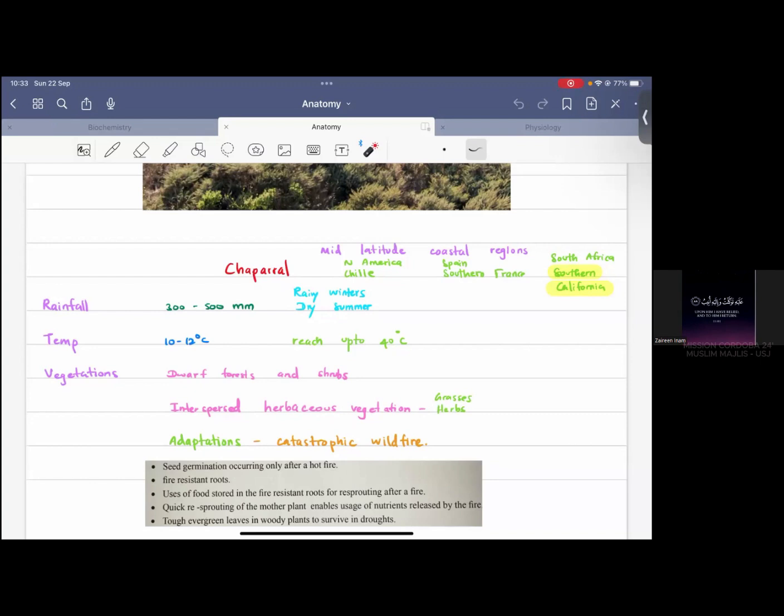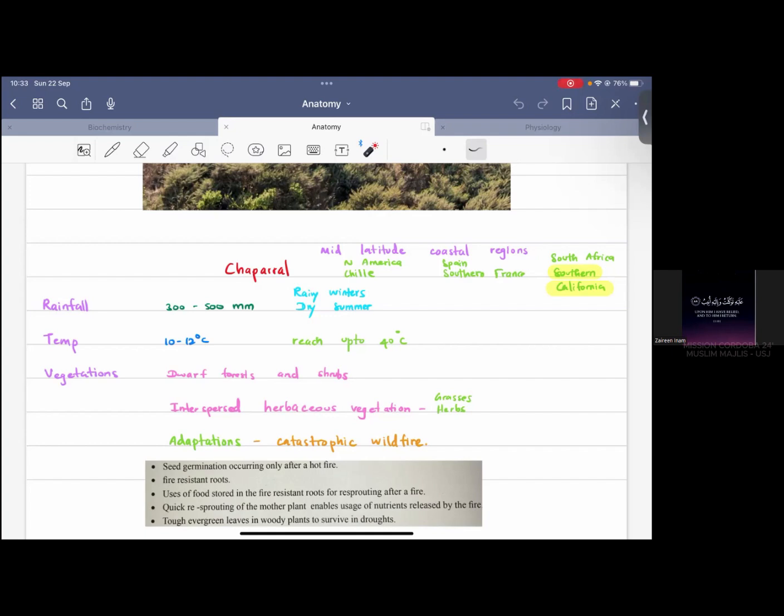It's really hard. So the chaparrals receive this amount of average annual rainfall and they have rainy winters and dry summers. You might think why rainy winters and dry summers. I will teach you that when we study another thing later. So they have rainy winters and dry summers.